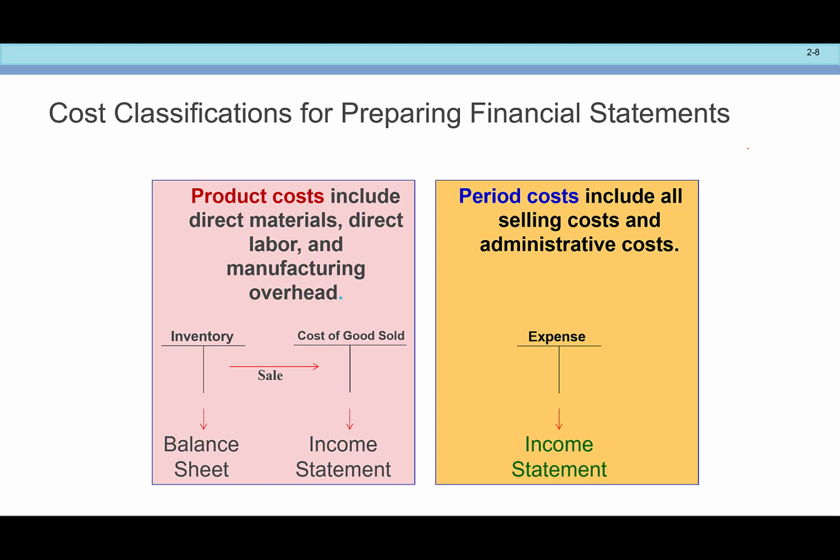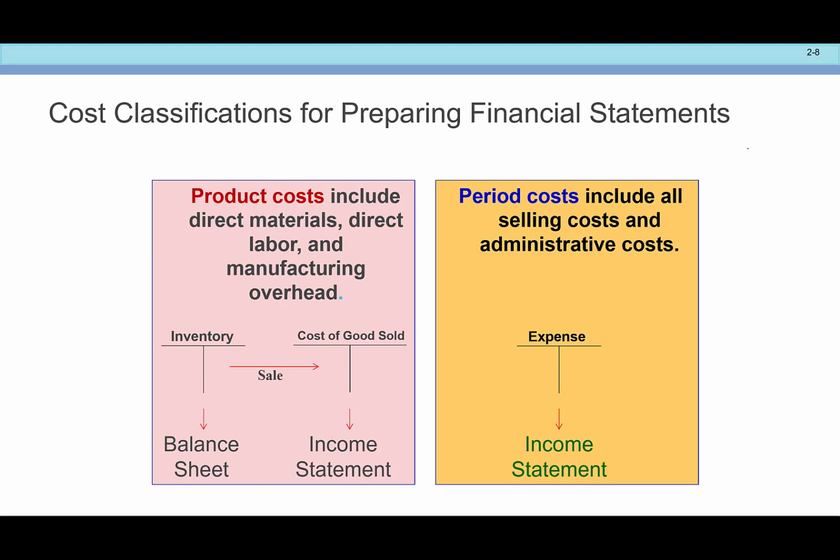How about commissions? A commission that we pay somebody to sell that table, let's say it's a percentage of the selling price, is very easily traced to that particular product, isn't it? So then you're saying, well, wait a minute, John, then why don't we include it as a direct cost, included as a product cost?